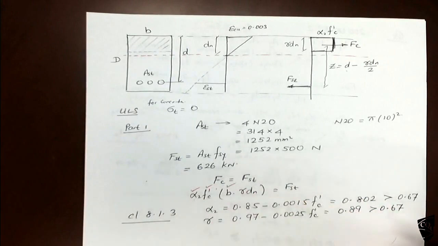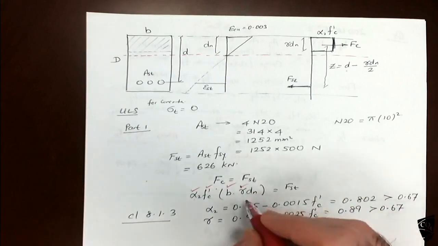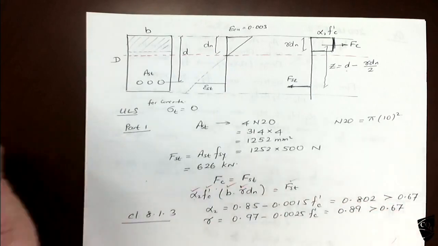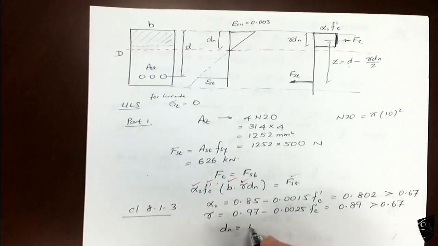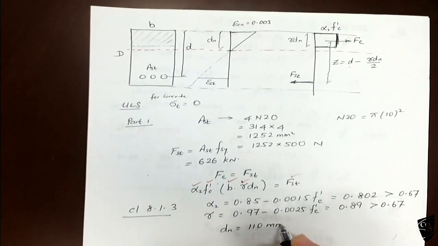B is given, 250, and gamma. So this one is known. If you substitute everything, you get dn as 110 millimeter. So this is the depth of the neutral axis.